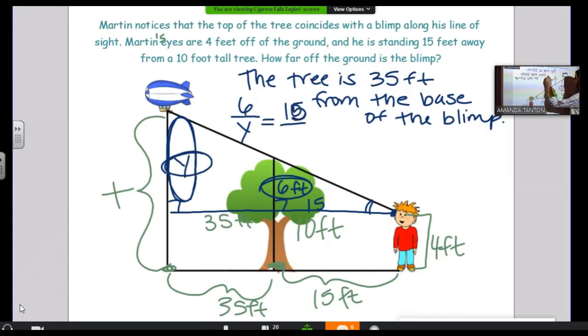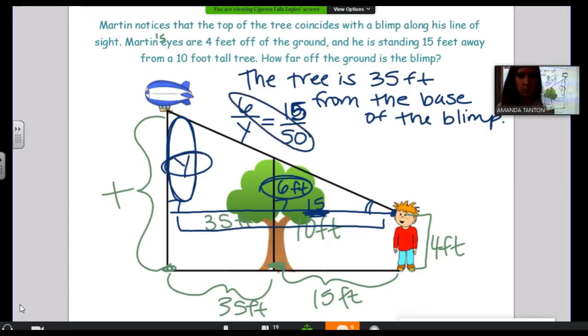Here's where we need to be careful. I'm using this 15, so I better not put 35, because I need to use the whole side of the triangle. 35 plus 15 is 50.